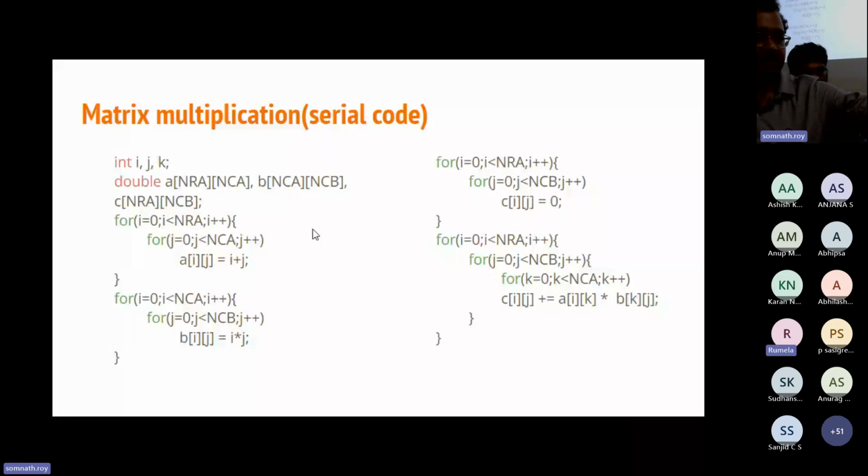So if it is NRA number of rows and NCA number of columns, then it will be NRA into NCA, and the loop will be of that size, and inside it the operation will work, and then that will be divided.